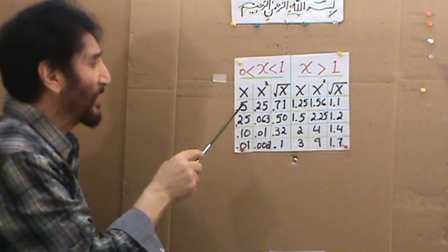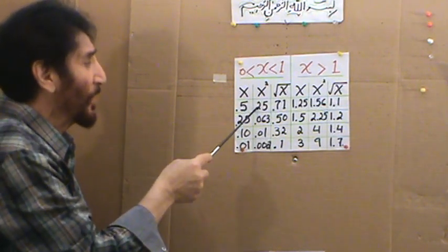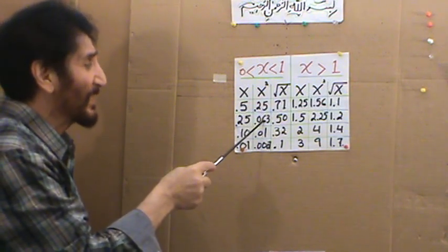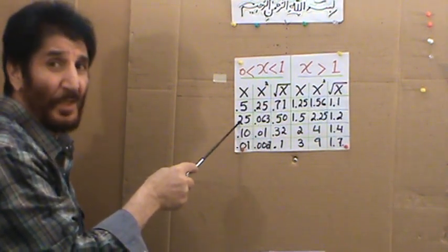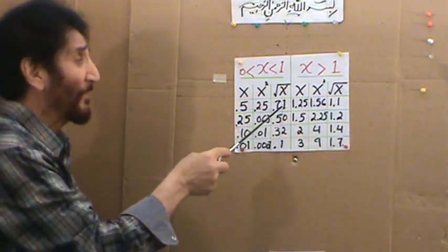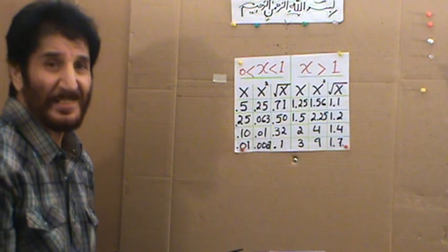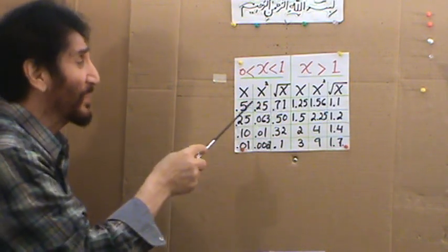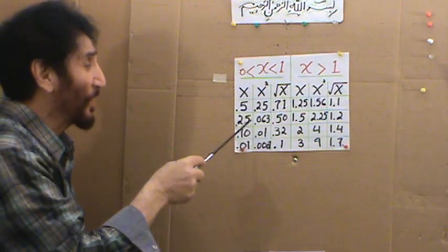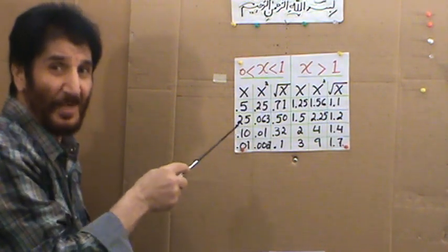As you notice, when you square 0.5, you get 0.25, which is smaller. 0.063, which is the square of 0.25, is smaller than 0.25, and so on and so forth. And when you take a square root, you notice it's larger. 0.71 is larger than 0.5, and 0.5 is larger than 0.25, and so on.